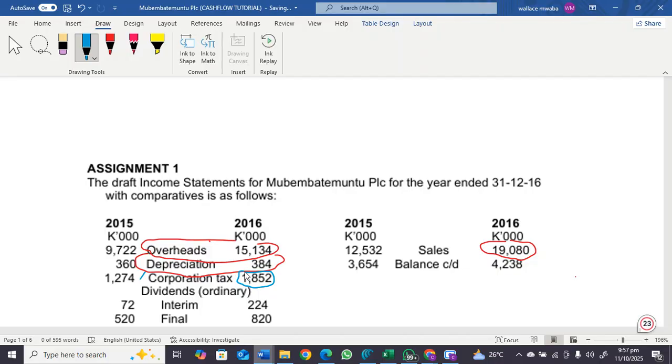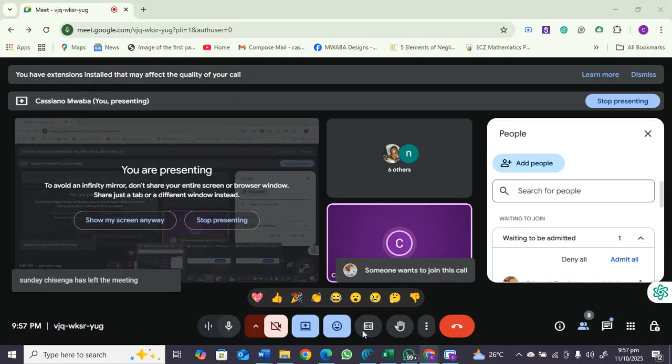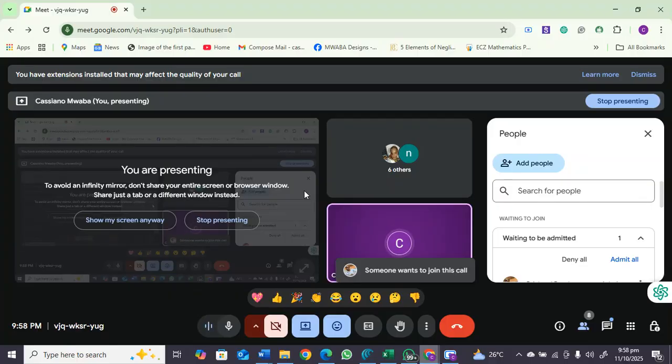Now it doesn't mean that this whole 1,852 has been paid. I forgot to mention in the income statement, colleagues, a good number of items in the income statement, it doesn't mean in actuality that was the amount that has been paid, or that's all the profit you have.